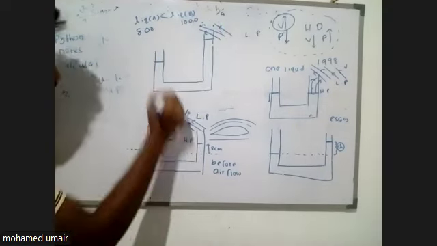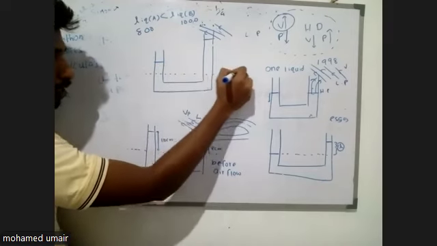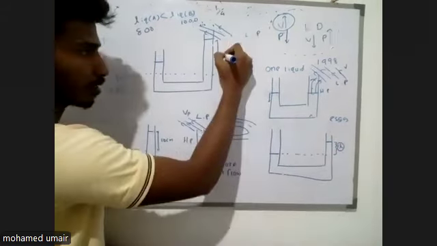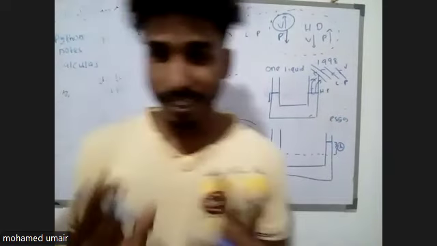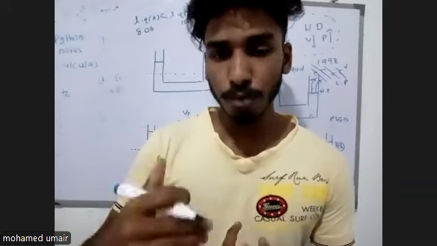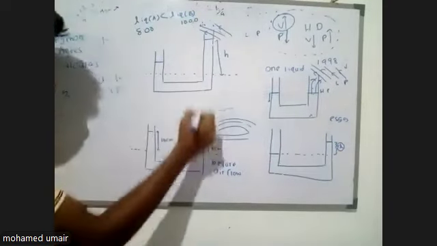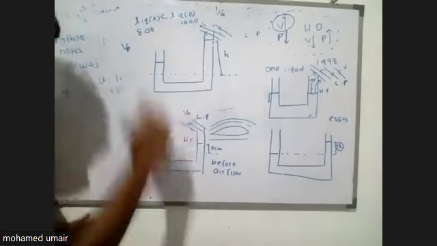So let's say this was my common interface, and I'm going to find this height. Let's take it as capital H. Now see, these are not given in your question, but you must include them because they are asking for a relationship between Vp and the height of the liquid.